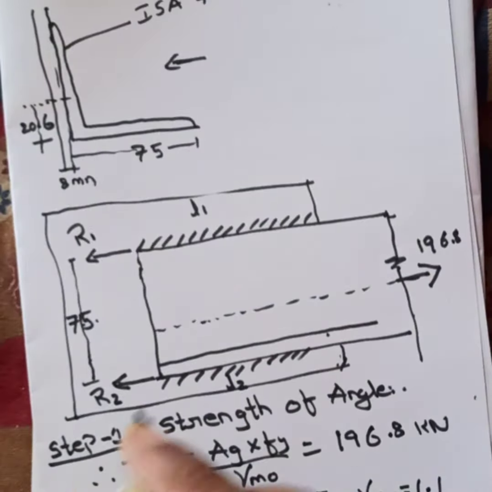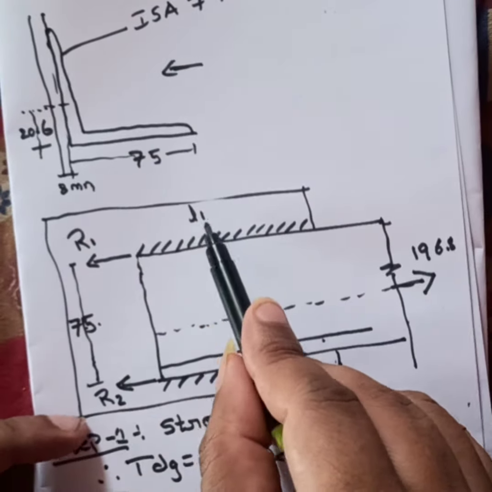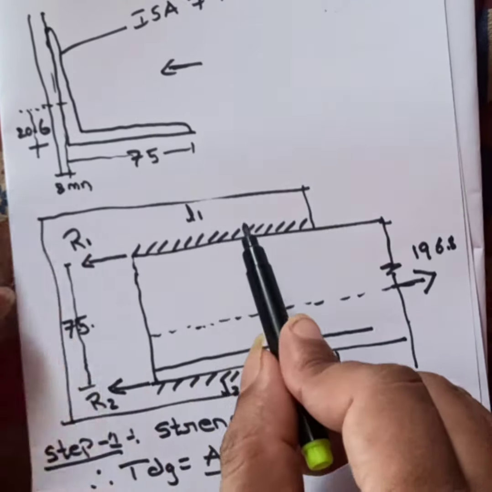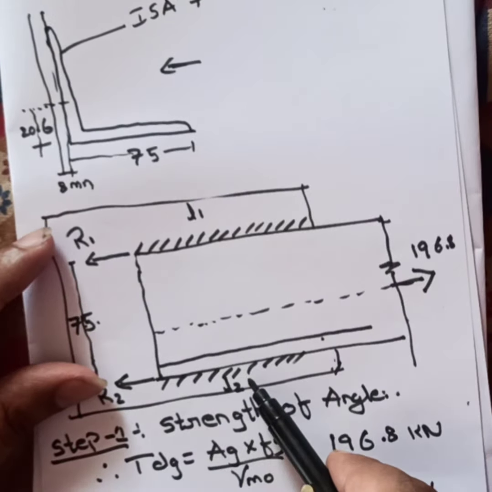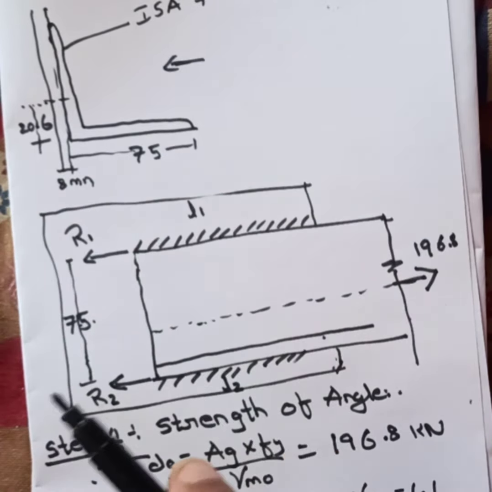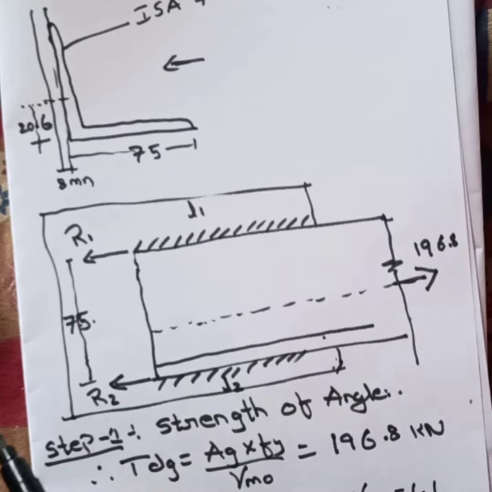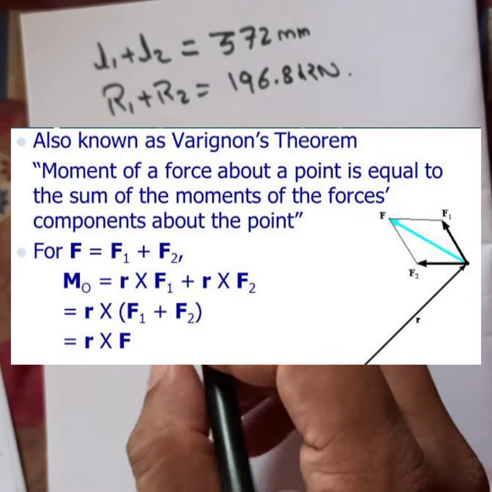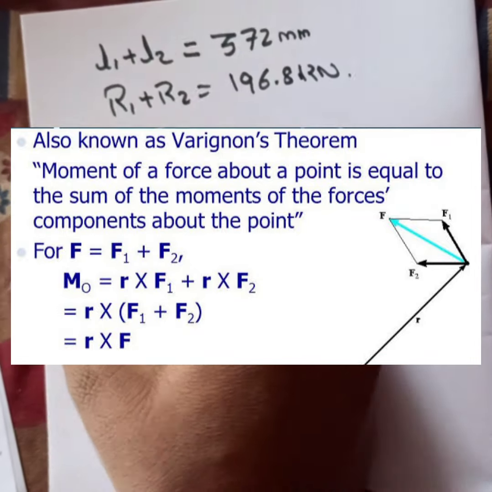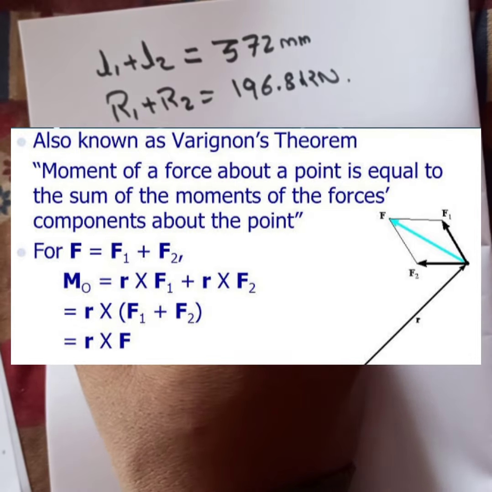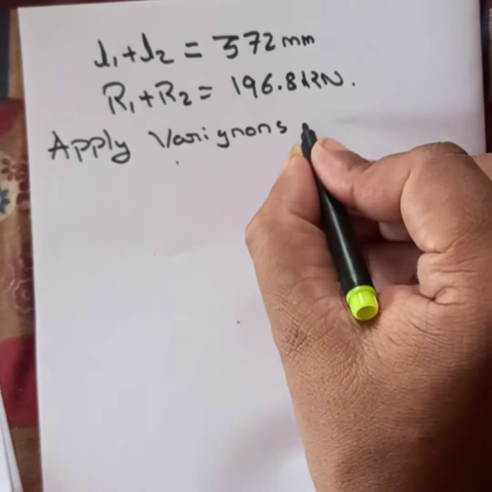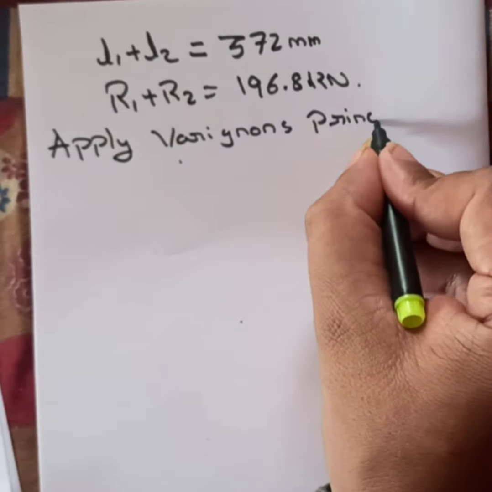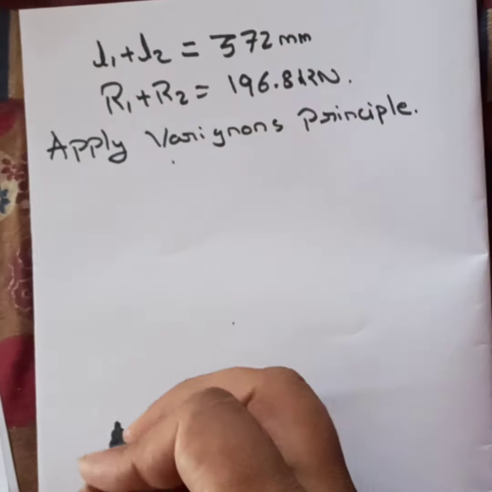Now I need to find how much length of the weld I have to provide at the top and how much at the bottom, so that the load transfer is concentric and not eccentric. For that I will apply Varignon's principle, which is very important.